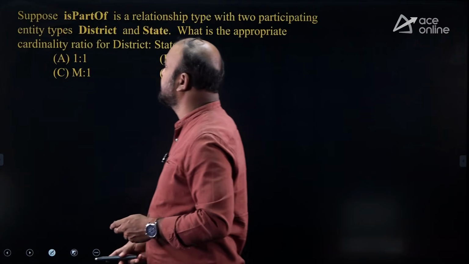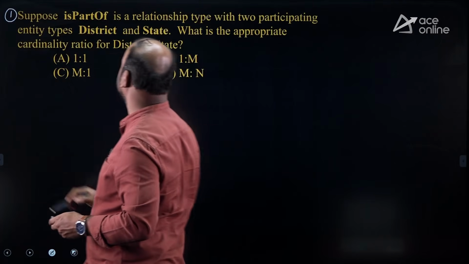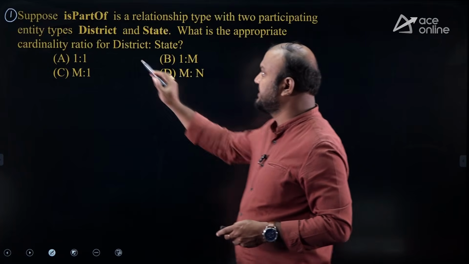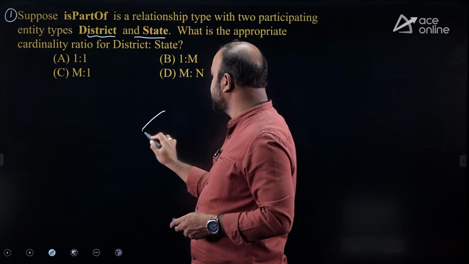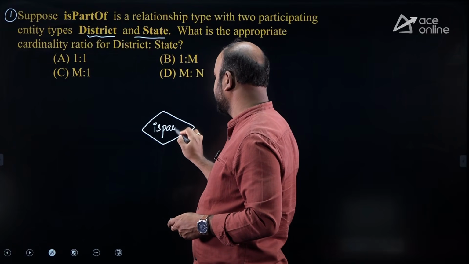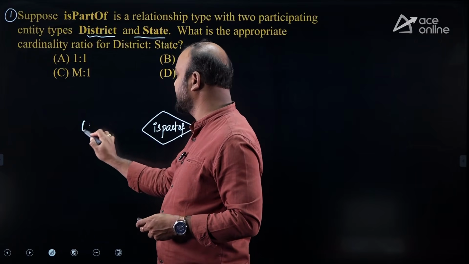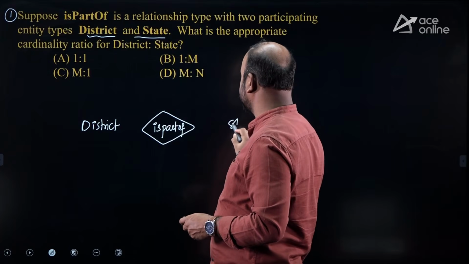The question is, suppose "is part of" is a relationship type with two participating entity types, district and state. Okay. So, "is part of" is a relationship between the two entity types we call district and state.